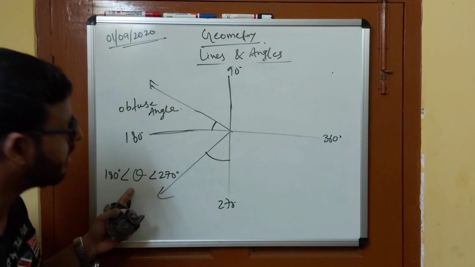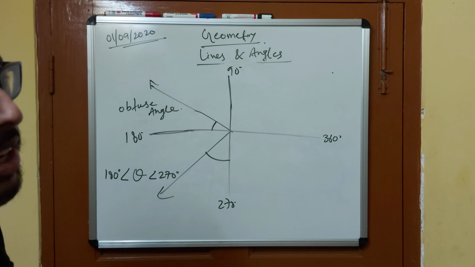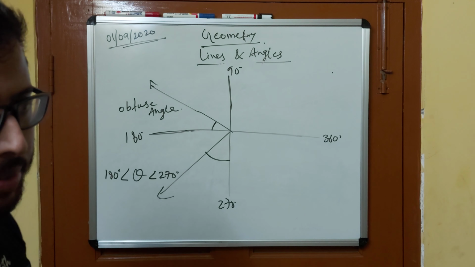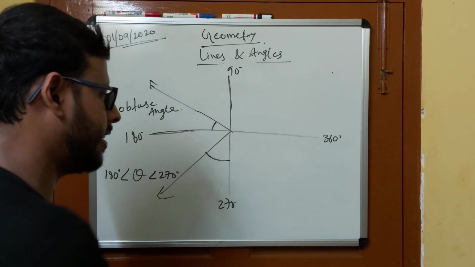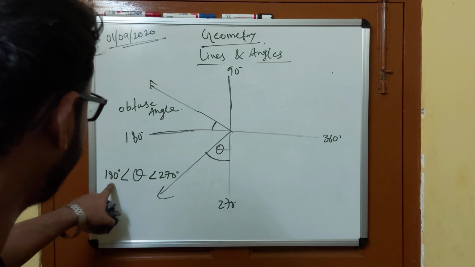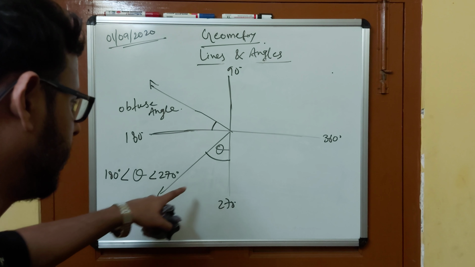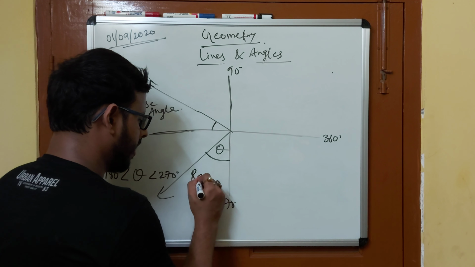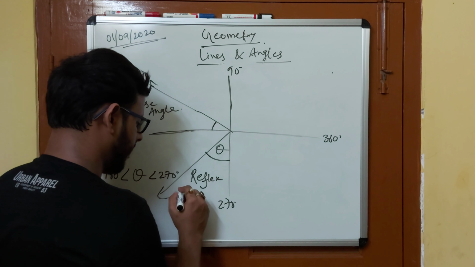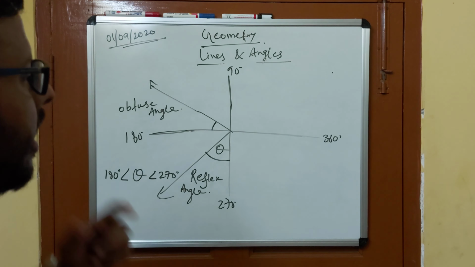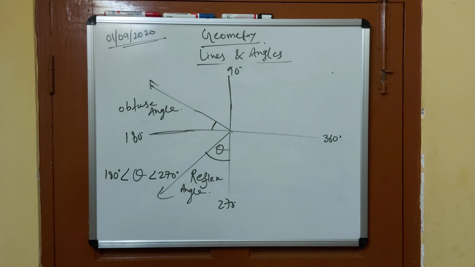Theta is the notation of angle. Theta is a Greek letter, so in mathematics, we denote angle as theta. So theta will be greater than 180 but less than 270. This angle is known as a reflex angle.